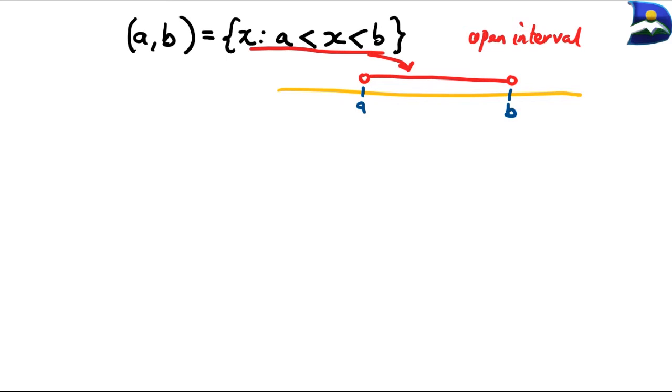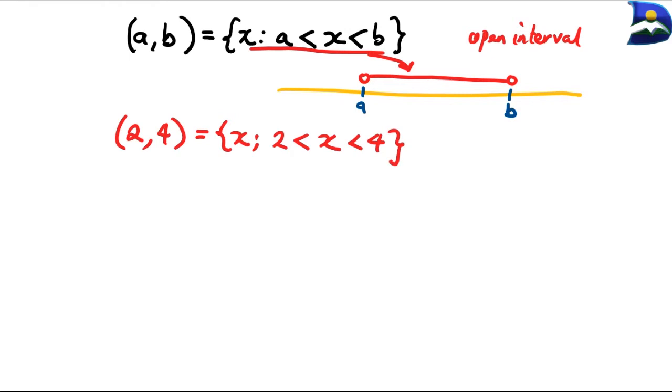Another example of this could be where you have the numbers 2, 4 with this particular form of curved bracket. This means that x is a number between 2 and 4, so 2 is less than x and x is less than 4.